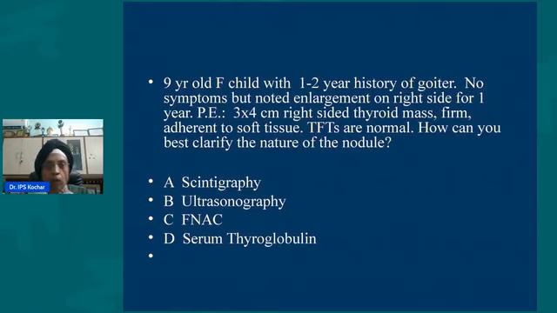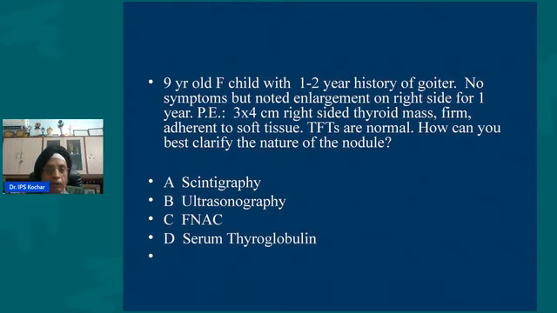How will you clarify this? You want to find out whether the nodule is cystic or solid, and a little bit about the nature of the nodule. What do you do? A scintigraphy, an ultrasonography, an FNAC, etc. Any physician or pediatrician who comes across a nodule will do some basic things.